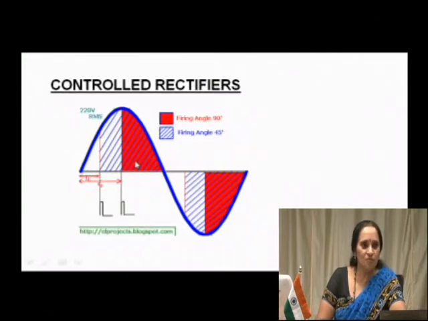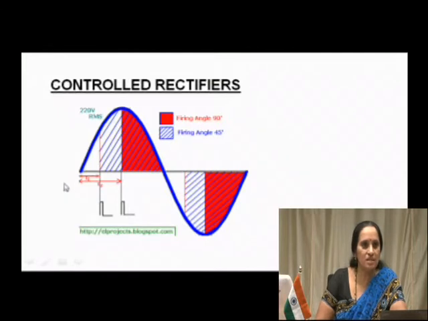The red shaded portion clearly shows I am giving a gate pulse at 90 degrees. Over here in the positive half, 90 degrees is my firing angle, and the SCR is on and starts conducting during this red shaded portion. Now I have even shown the negative half cycle, wherein I connect another SCR in the opposite direction. Over here the firing angle is 180 plus 45.